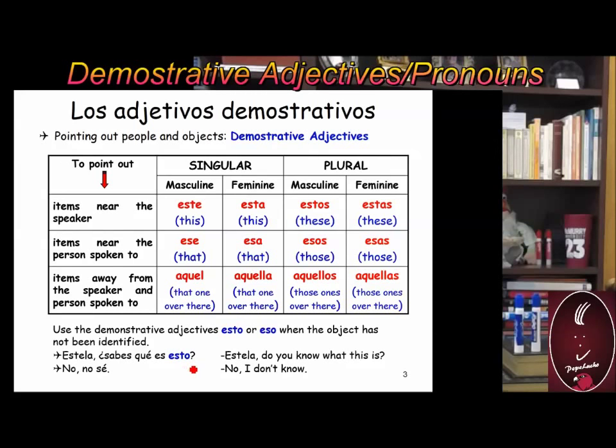So we use esto because the item is close to the person that is speaking, and the item has not been identified. That's the way we use demonstrative adjectives. Demonstrative adjectives go before the noun.